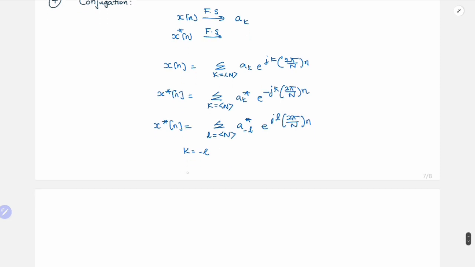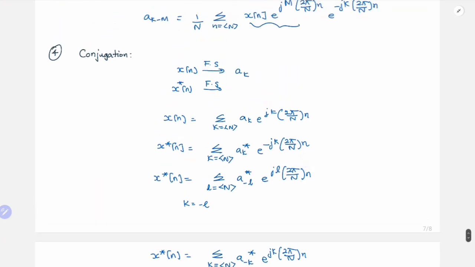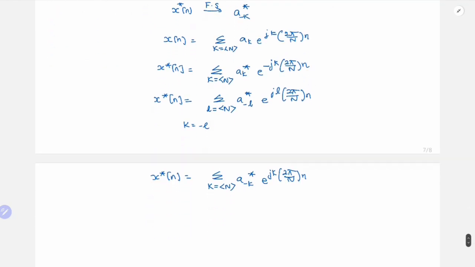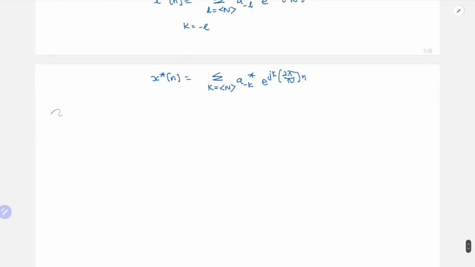Now I can replace l with k. So x star[n] is equal to summation k over N of a_(minus k) star e^(jk(2π/N)n). So my Fourier series coefficient of x conjugate of n is a_(minus k) conjugate. So I have reversal in frequency and also a conjugate. So next let us look at time reversal.